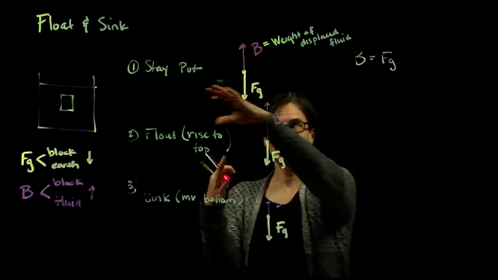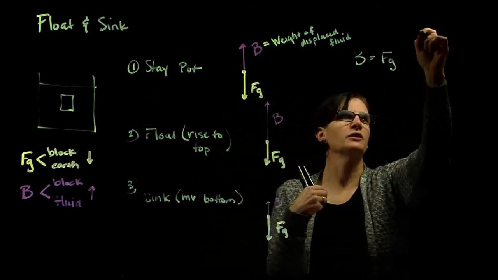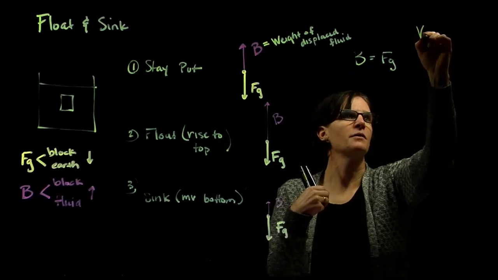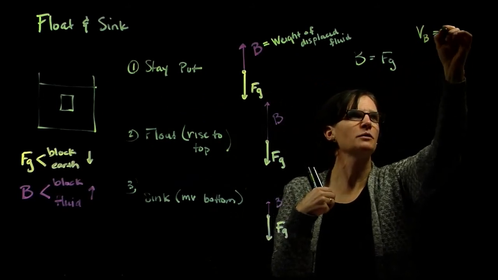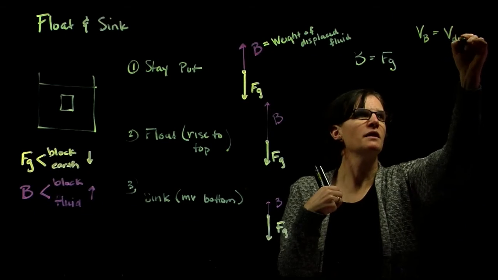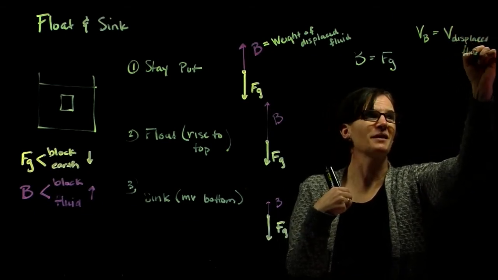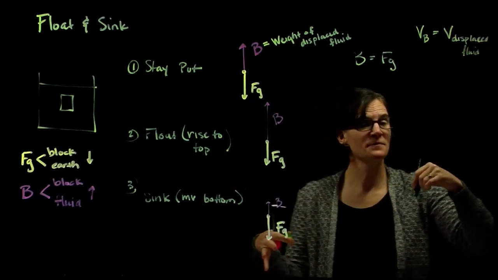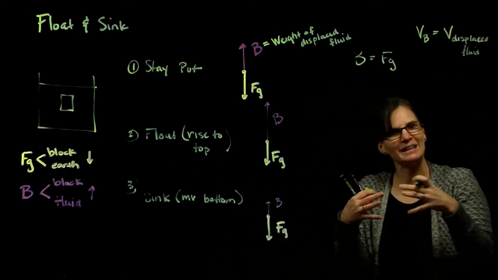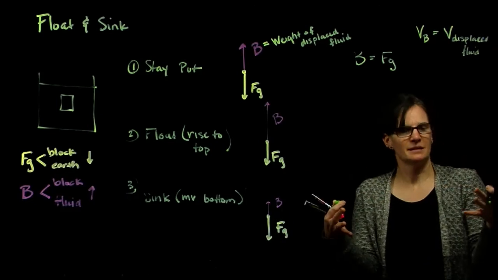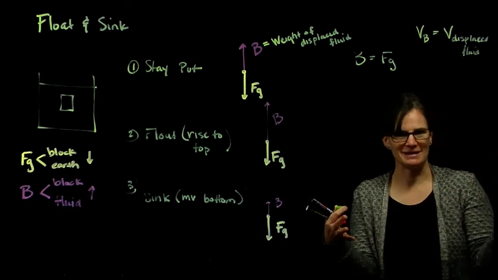So in this case, the volume of the block is equal to the volume of the displaced fluid. Now we're going to find that's the case in all three, right? Because the block is taking up the space of the fluid that it's displacing.